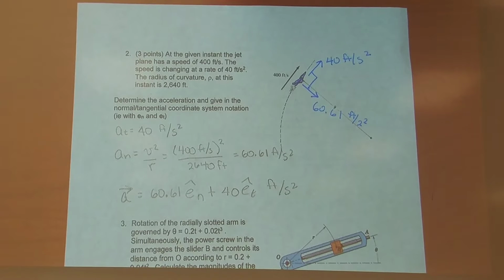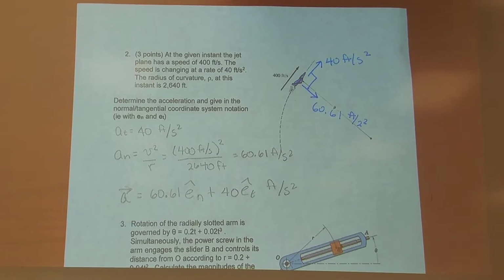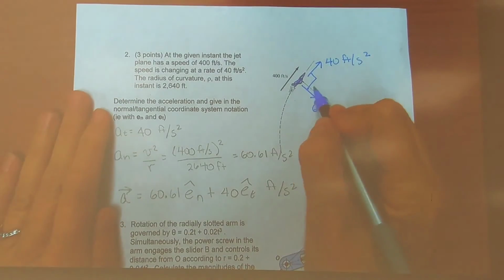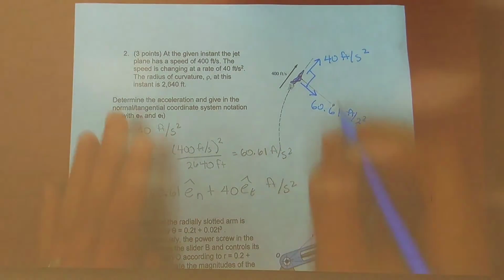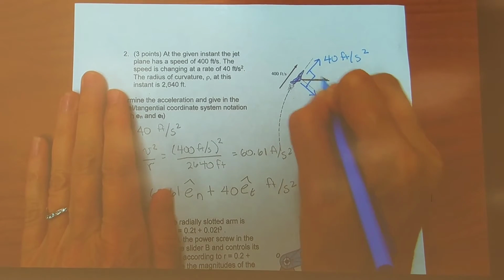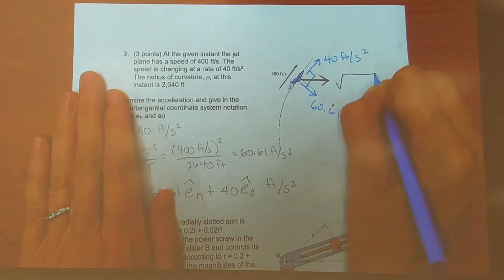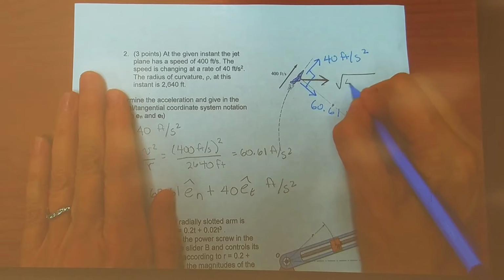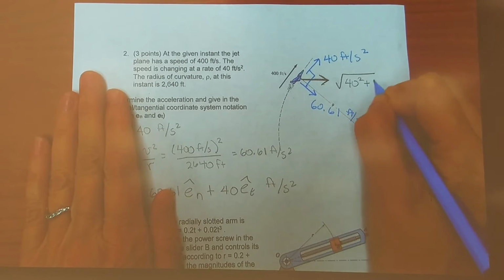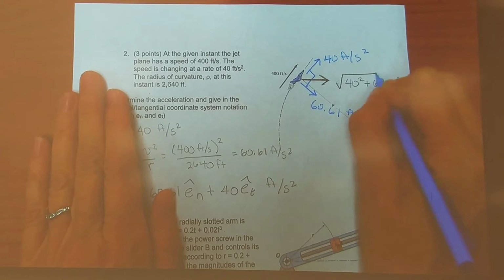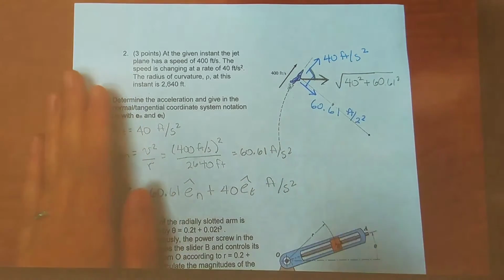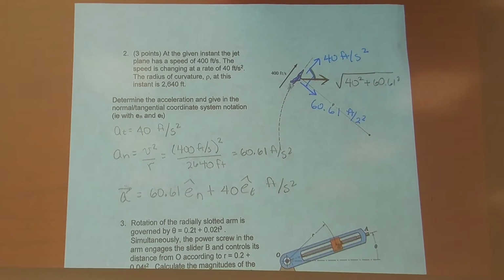So if you wanted to find the total acceleration, how would you resolve those 2 components into a single value and angle? The resultant acceleration would be somewhere in this direction, and its magnitude would be the square root of 40 squared plus 60.61 squared. And then you could figure out the angle if you were interested in the direction of it.